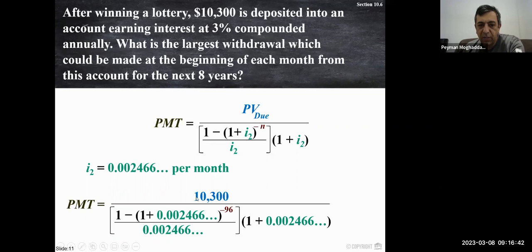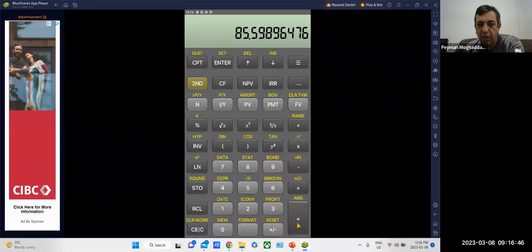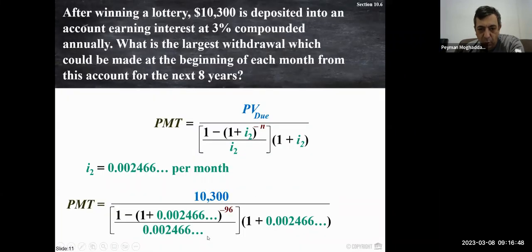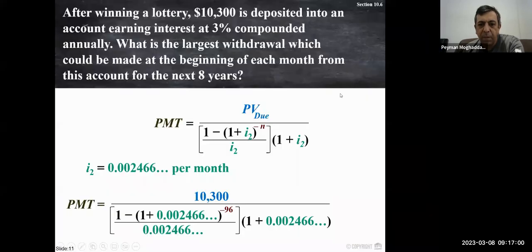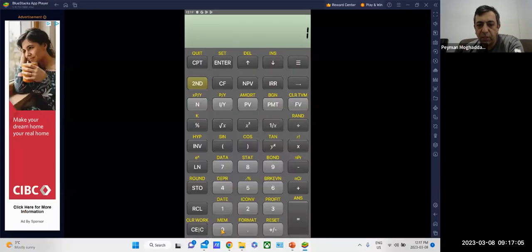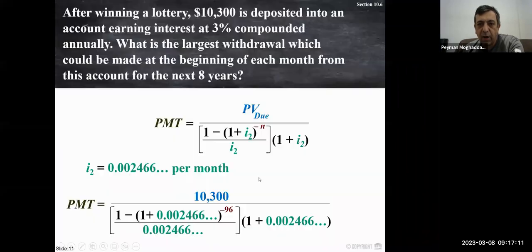The result PMT is going to be, so this 85.59 is the whole thing in the denominator, and the PMT is the numerator divided by this guy. So I'm going to store this guy at number 4, and then the numerator 10,300 divided by recall number 4 equal to 120.